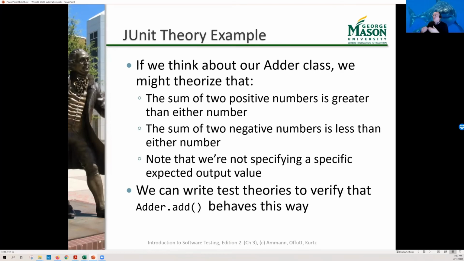Those are two theories I could make about addition. And notice that those theories don't have anything to do with specific values. I'm just identifying classes of input values and what their effects would be. So now I could take these two theories and write some JUnit theories to make sure that my adder function actually behaves this way.